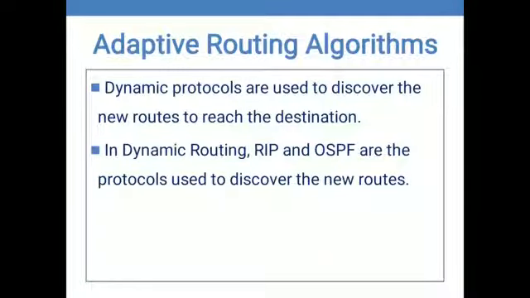In dynamic routing, RIP and OSPF: these two are the protocols used to discover the new routes. In the first point, we already said dynamic protocols are used to discover the new routes to reach the destination. So how will it discover the new routes? How will it find the new paths? By using two different protocols. One is RIP and the other one is OSPF. What is this RIP?